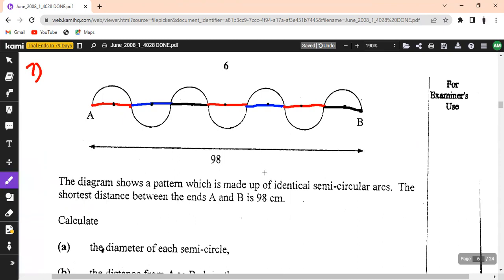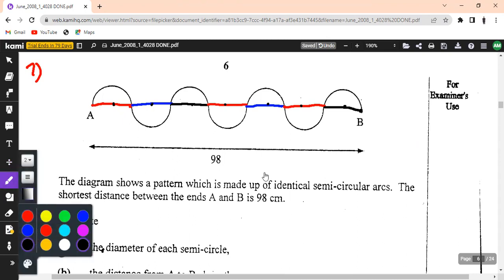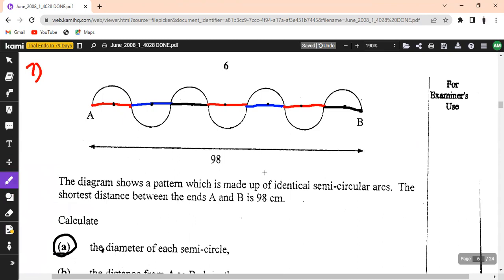The question is to calculate the diameter of each semicircle. That is the first part. As we can note here, we are given 98 from this point to this point. And from this point to this point, that's your diameter. How many diameters are there? There are 7 diameters.